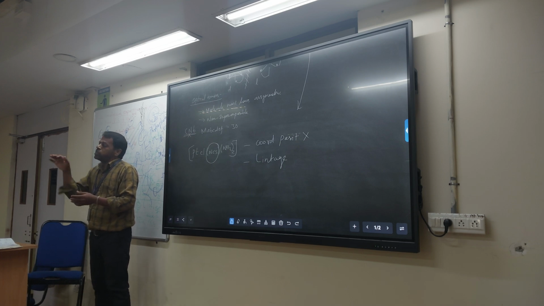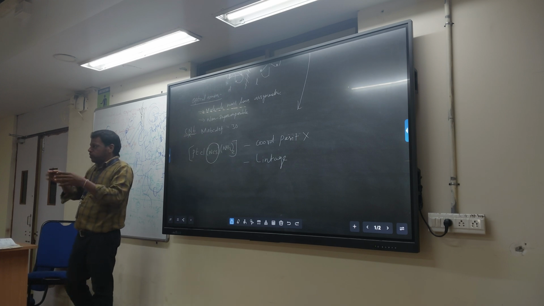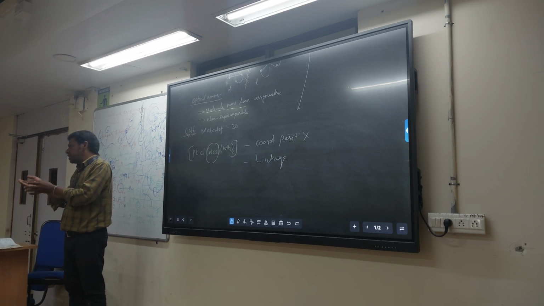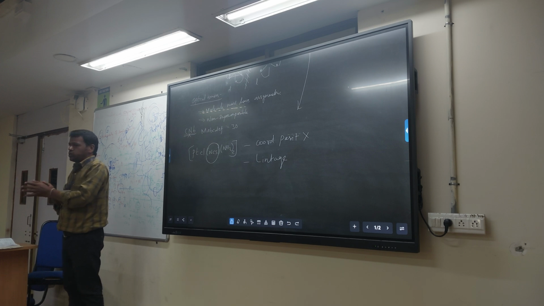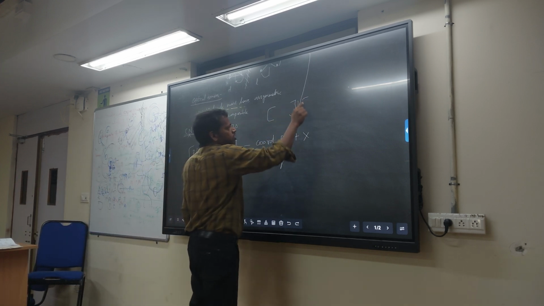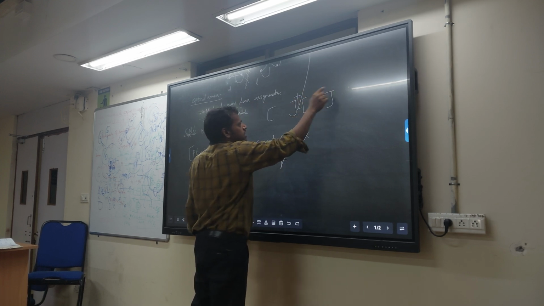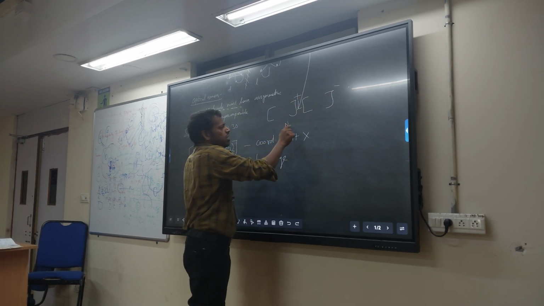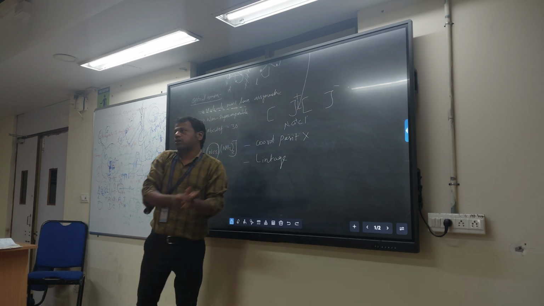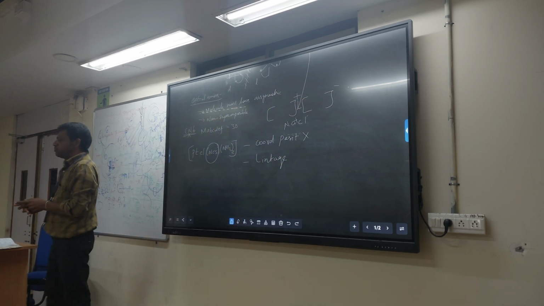Coordination isomerism means two coordination spheres, two complexes. That's why I gave the example Na plus Cl minus: plus and minus are there. So these complexes exhibit coordination isomerism.